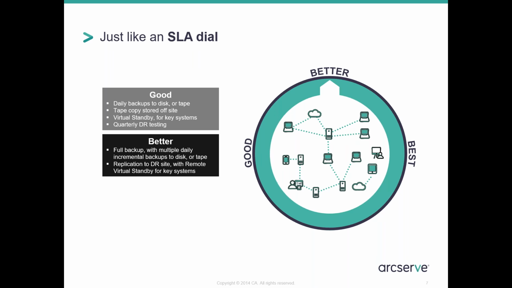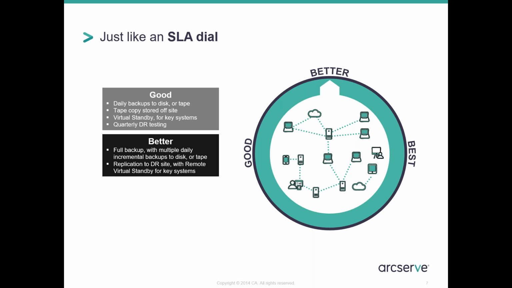You could also have a tier 1 plan or a platinum plan or whatever you want to call it, which could be a high frequency backup where you're doing multiple backups throughout the working day to minimize data loss. You can automatically replicate recovery points off-site to protect the data in an automated way.